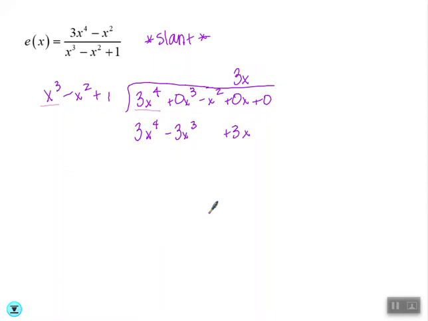Since I need to subtract, I'm going to change the sign of each of these and add. Again, I only want to look at the first term. So what is 3x cubed divided by x cubed? That's just 3.